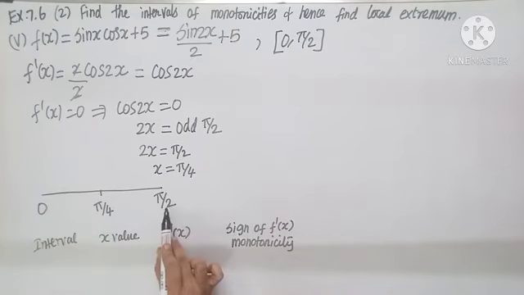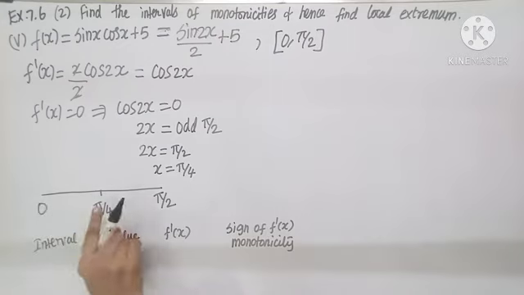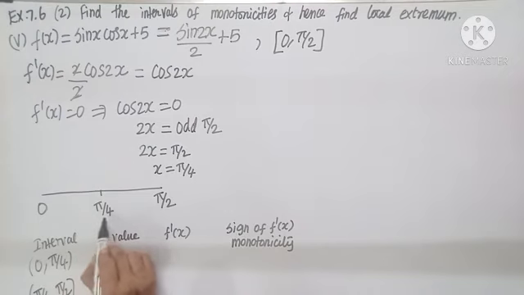In 0 to pi by 2, mark the value pi by 4. So we have two intervals, 0 to pi by 4, pi by 4 to pi by 2. Put some value, say pi by 4 is 45, put pi by 6 here. Pi by 4 to pi by 2, let us put pi by 3.